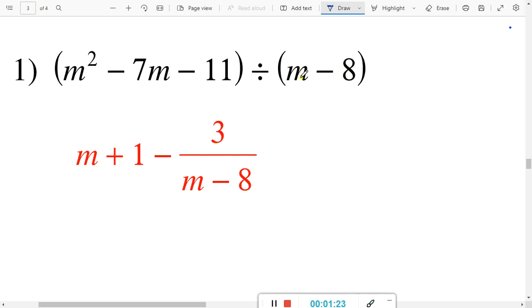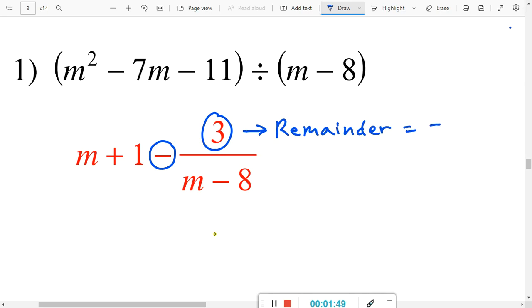So see here, you're dividing by m minus 8. And right here at the end, we have negative 3 divided by m minus 8, okay? So the remainder here equals negative 3.